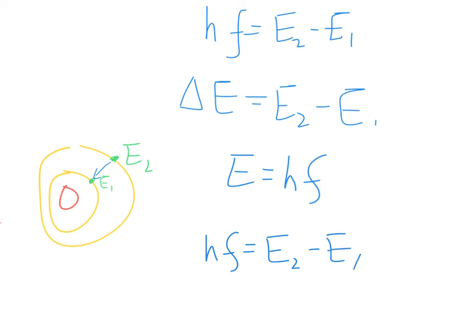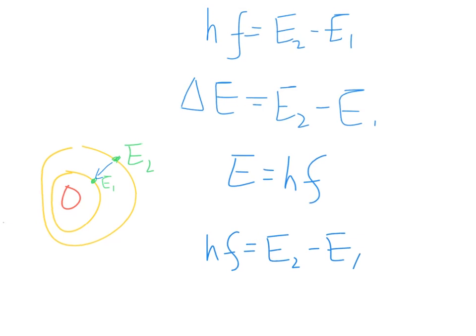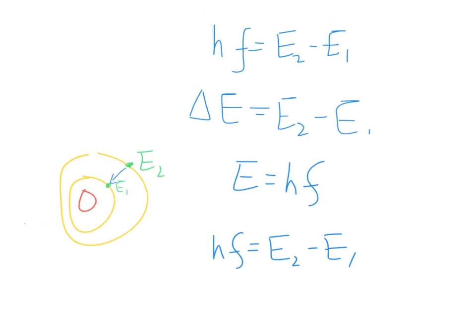So we're still just saying that the change in energy is going to be energy 2 minus energy 1. But now instead of just relating it to energy, we're saying, well, what would the frequency of that light coming off it be? And this is an important formula because we base our understanding of spectra, the different frequencies of light that will be given off by, say, hydrogen or helium, as we've seen before, on it. So like I said, it's not something that ever really comes up as a calculation.